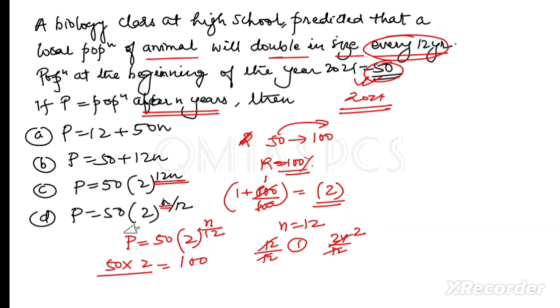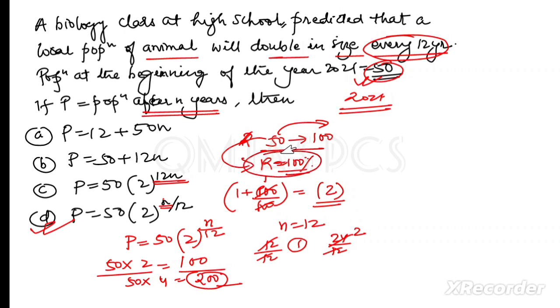After 24 years it will be 50 multiplied by 2 squared, that means 4, that will be how much? It will be 200. So look at this, you are getting the right answer. That's why your answer will be D. And think, here we have to calculate nothing, we have to just think how to apply that rate, and how the rate is 100%.